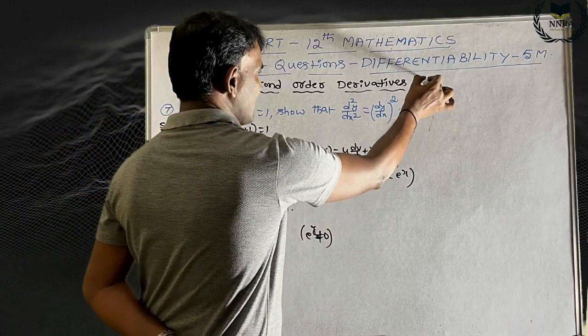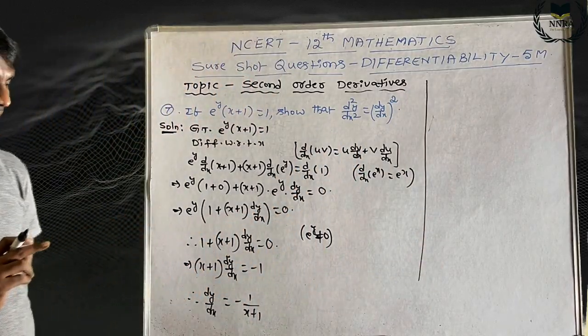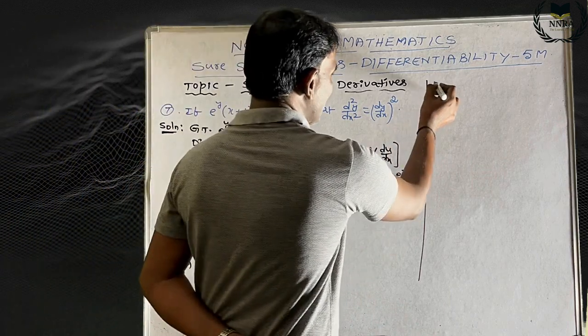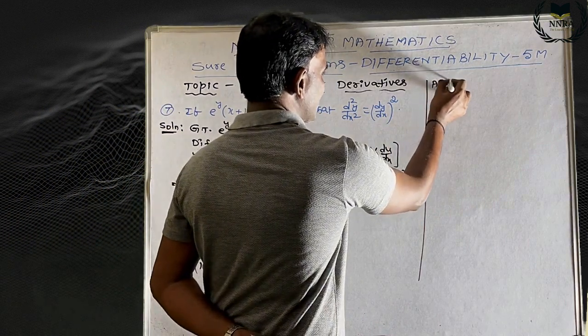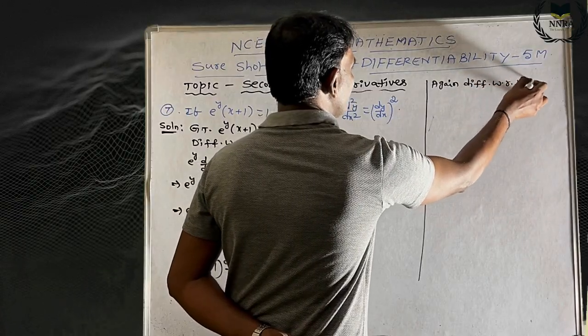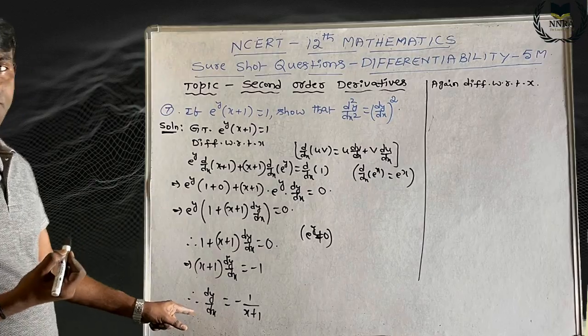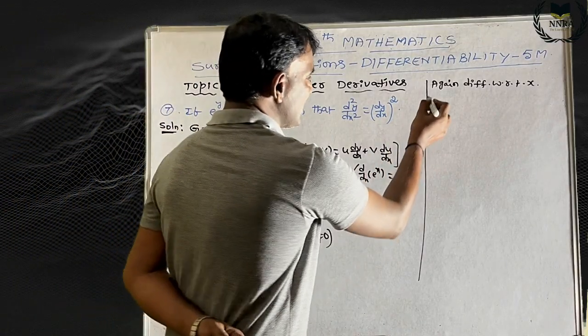After this, actually we want the second order derivative d square y by dx square, right? Now again differentiating with respect to x. So the derivative of dy by dx with respect to x is d square y by dx square, right?